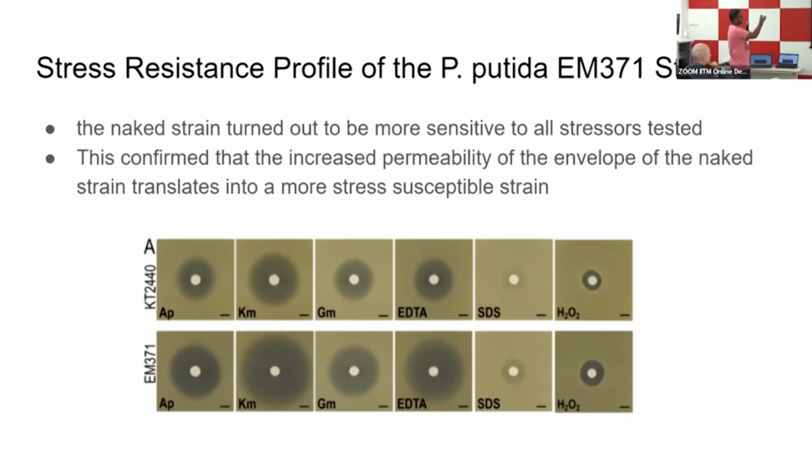So the parent strain can resist more, but the modified strain is more sensitive to all the stressors checked here. It also shows that if the modified strain is more permeable, it is more sensitive also.